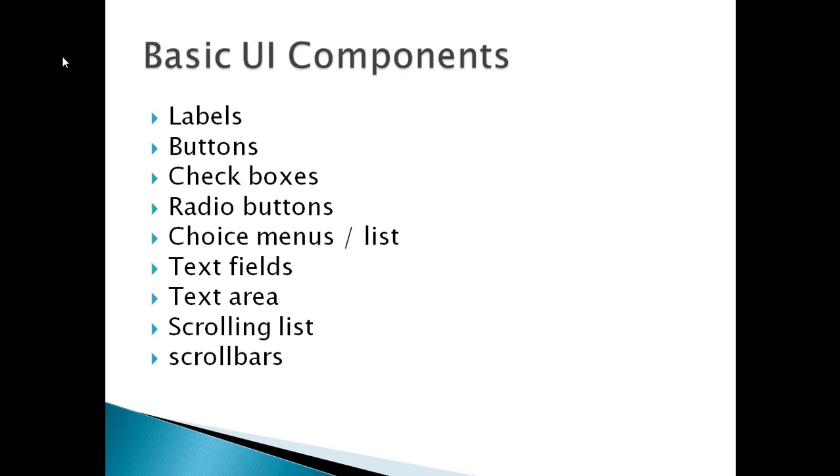Examples of these UI components: labels, buttons, checkboxes, radio buttons, choice, list, text fields, text area, scrolling list, scroll bars, dialog, cursor, color, event, file dialog, flow layout, font, frame, graphics, scroll pane. Like this, different UI components are there.